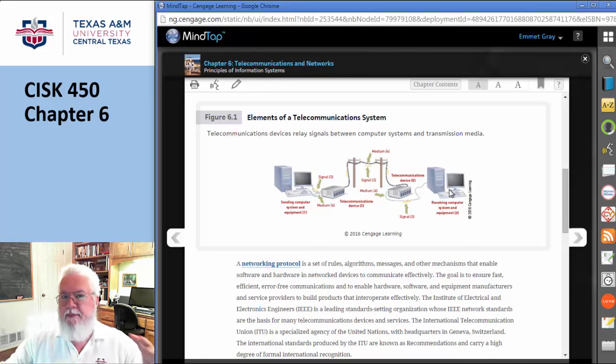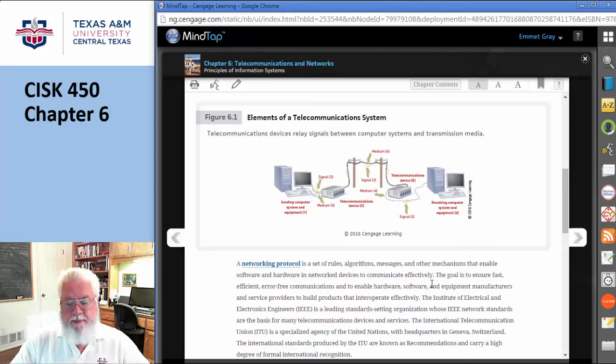So it's all about mixing media types and signal types. That's what this whole thing is about. And it is kind of a puzzle. You have to have one puzzle piece to exactly match the next one, and the next one. So what's the difference between a medium and a signal? Okay, that'd be a good test question.